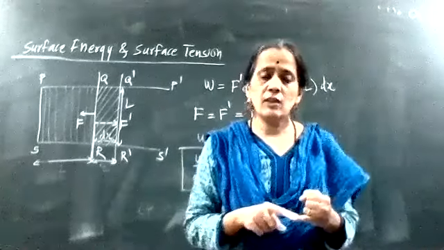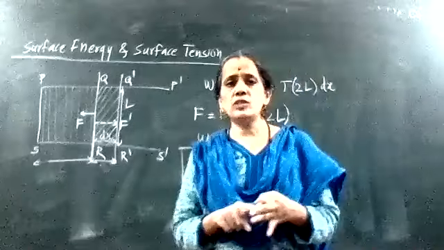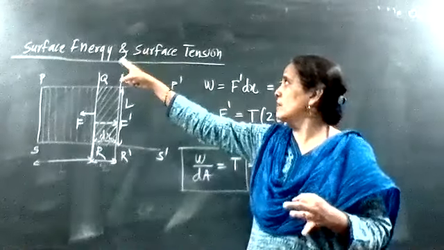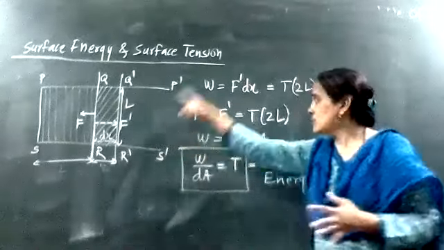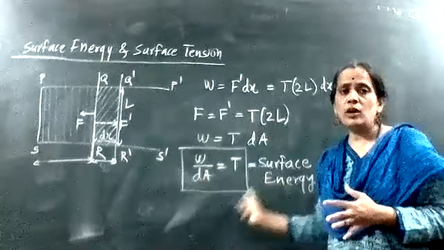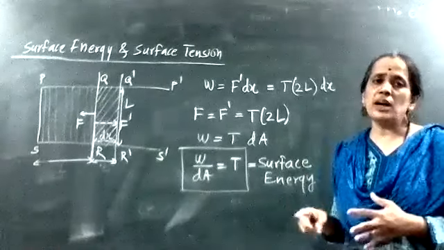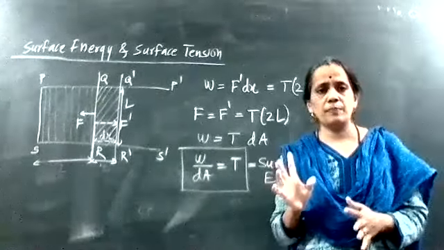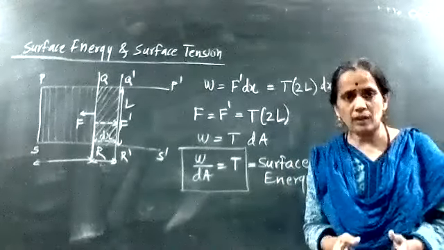Then we have seen what is surface energy. And the third part we have seen is the relation between surface energy and the surface tension. So this question can be asked for 2 marks. Is it right? And molecular theory can be asked for 2 marks. Fine? So today I am going to stop here.